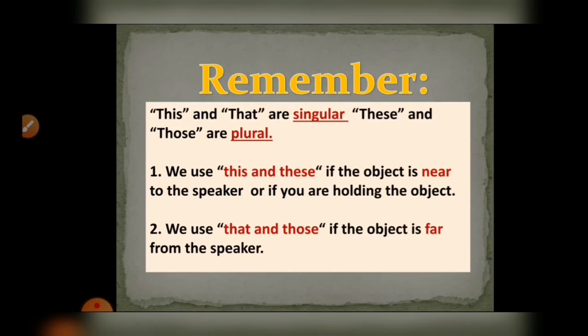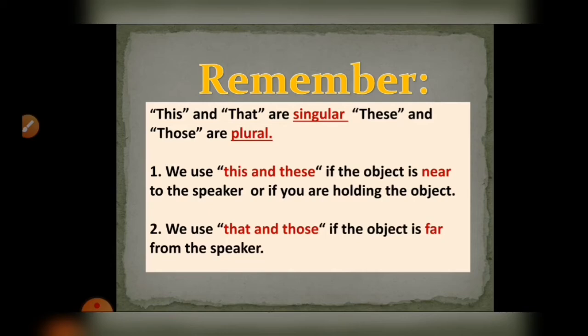Now we need to remember also these things again. Please read along with me. This and that are singular. These and those are plural. Okay, so let's read number 1.